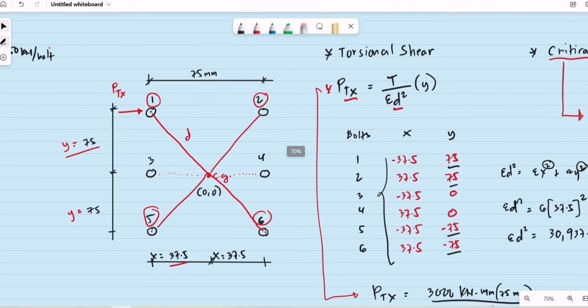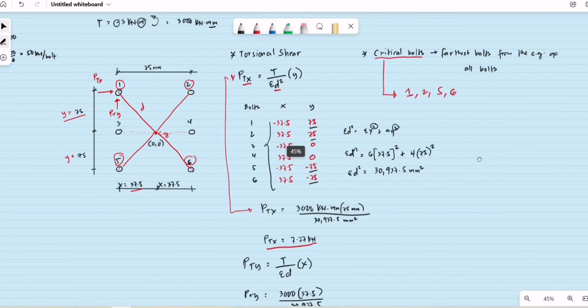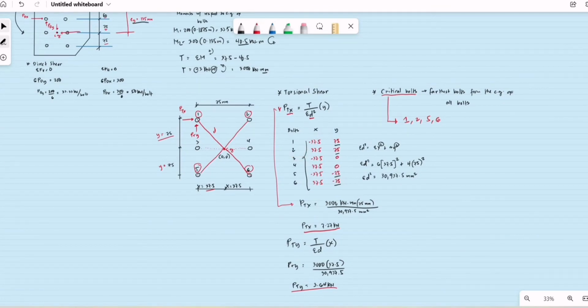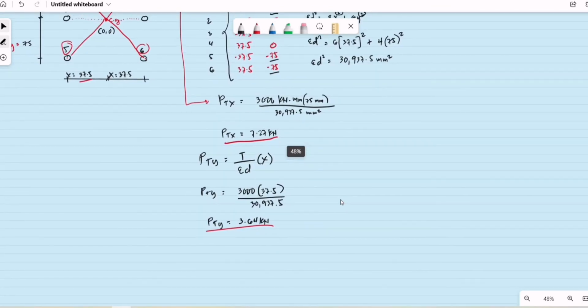That will be the reaction of the bolt. And the torsional shear with respect to the vertical loading will be upward. So again, our focus is just the critical bolts, bolts 1, 2, 5, and 6. By the way, these are per bolt, the torsional shear per bolt. And a little correction here, it should be the summation of d squared.